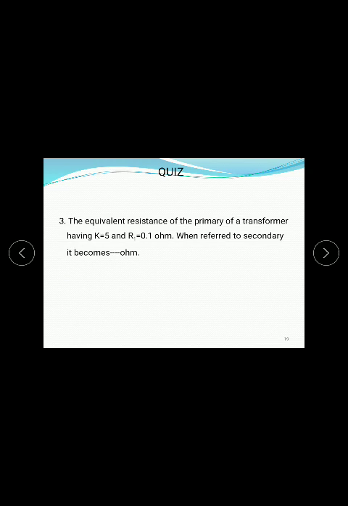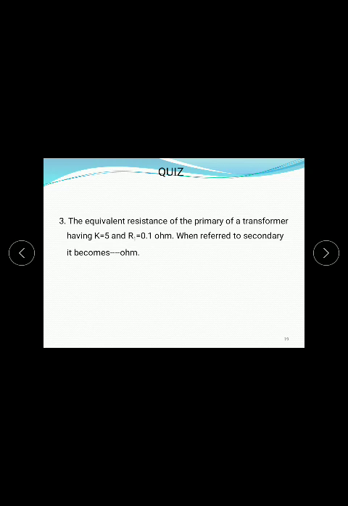Now, the equivalent resistance of the primary of a transformer having K equal to 5 and R1 equal to 0.1 ohm, when referred to the secondary, becomes how many ohms?